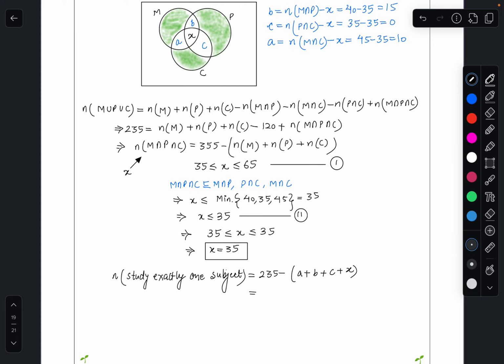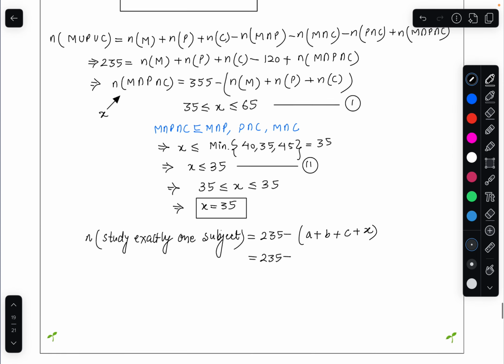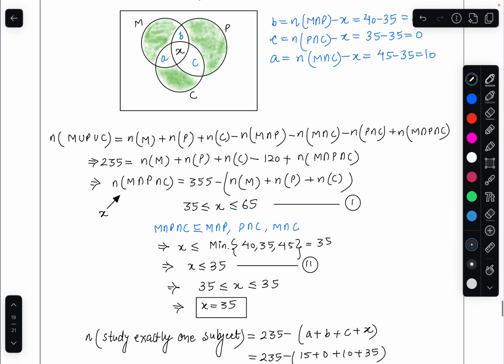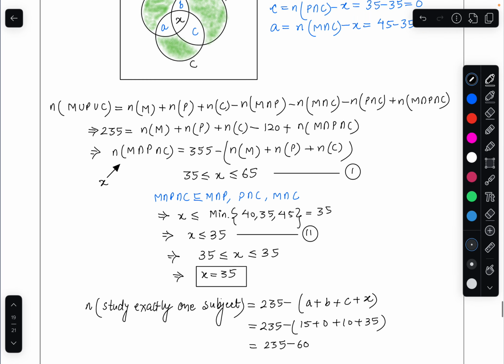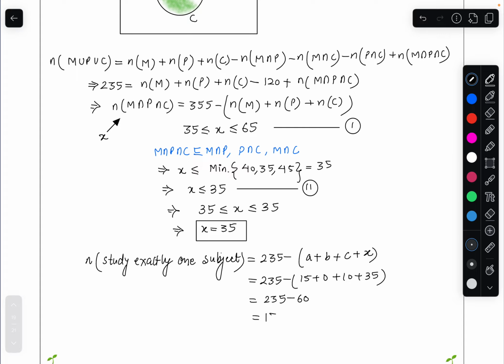So it would be 235 minus 15, 0, and 10, plus 35. So what we have is 235 minus 15, 10, and 35. That would be 60 here. So it comes out to be 175.